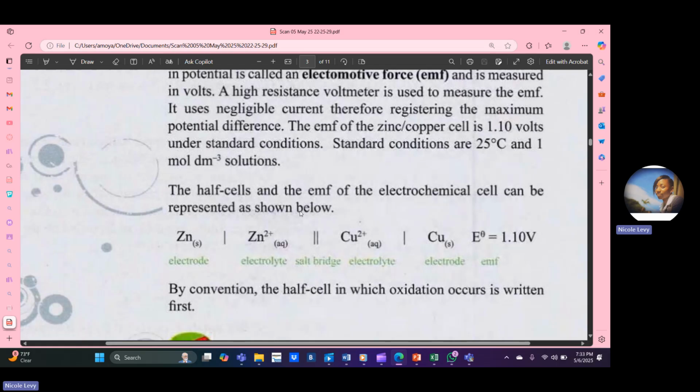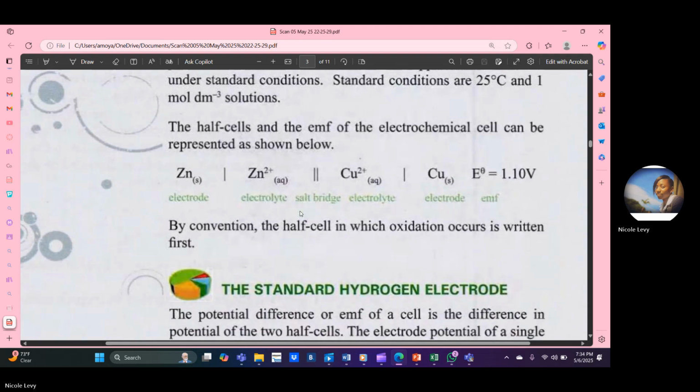The standard conditions are 25 degrees Celsius and 1 mole per dm cubed. So remember, the electromotive force, or the EMF, is just the potential difference between two electrodes, the electrodes themselves, not the entire half cell.